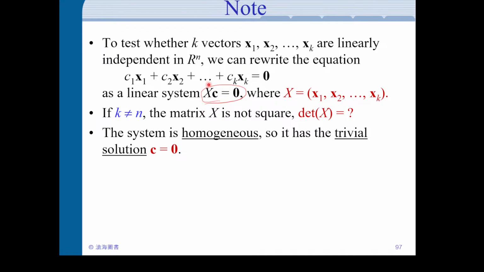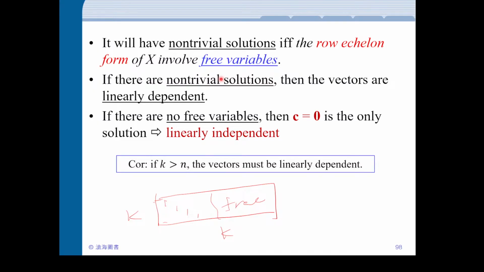So we just solve this linear system. We go back to chapter 1 and make it into row echelon form. From our analysis in chapter 1, we know that we have a non-trivial solution if and only if our row echelon form has a free variable. So we make it into row echelon form and see whether it has a free variable.